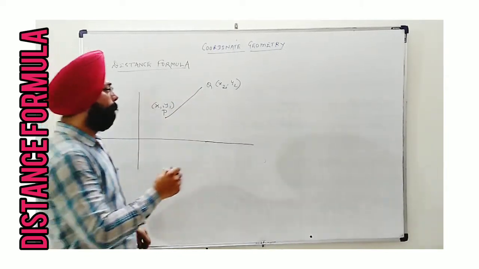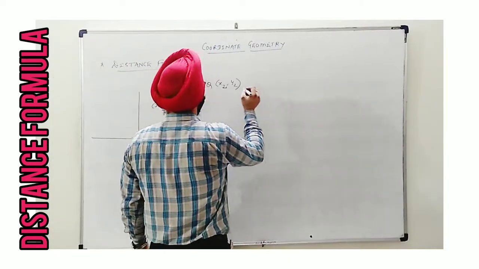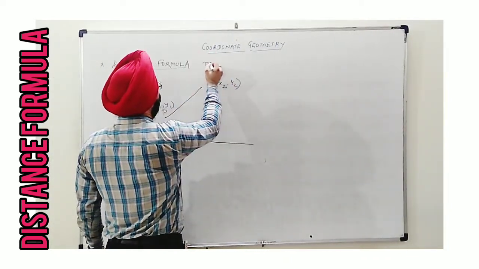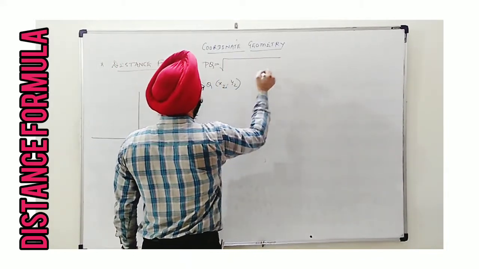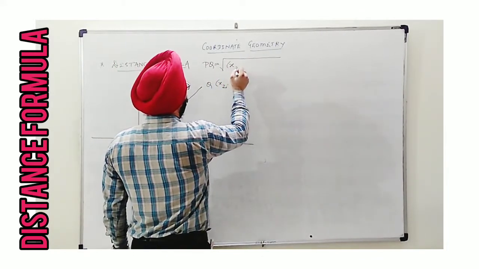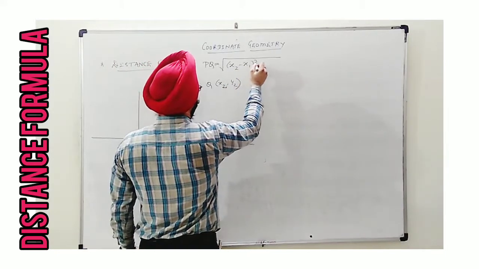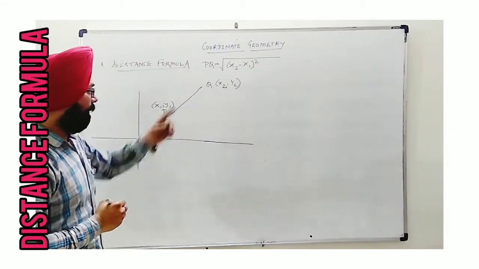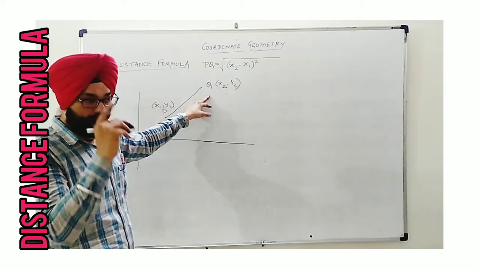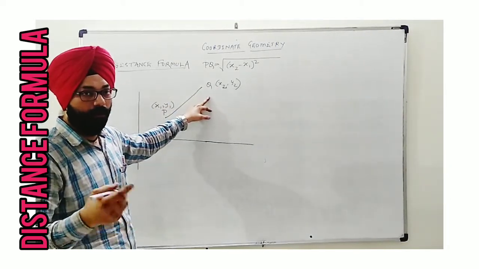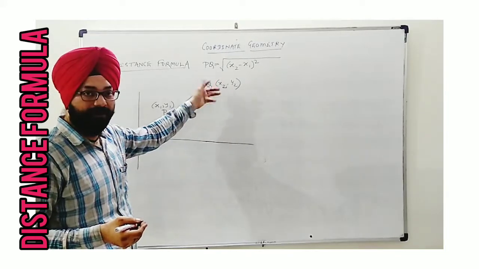The distance formula is written as, if I want to find PQ as the distance, under root (x2 minus x1) whole squared. x2 minus x1 whole squared means the difference between the first values. If you cannot keep in mind the names abscissa and ordinate, then you can say first value and second value.